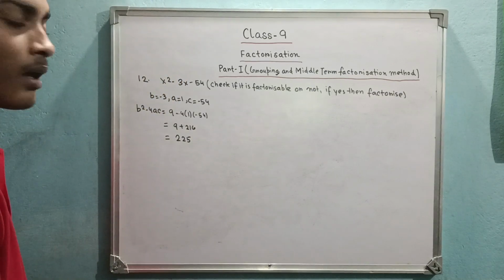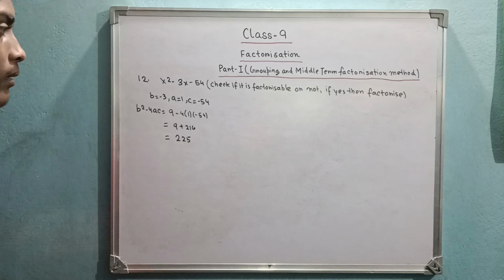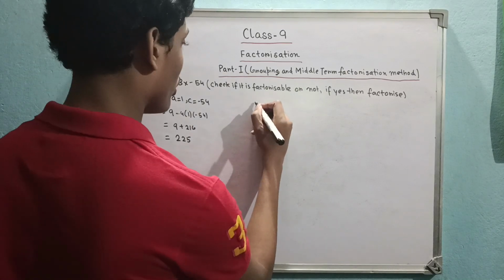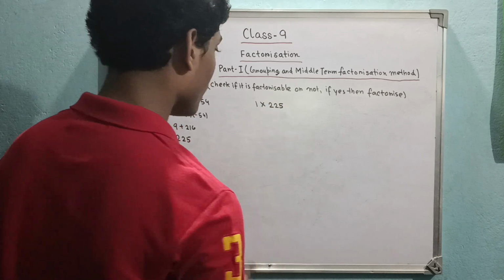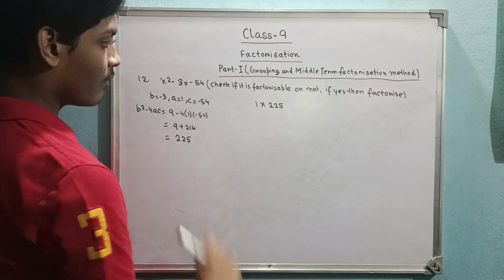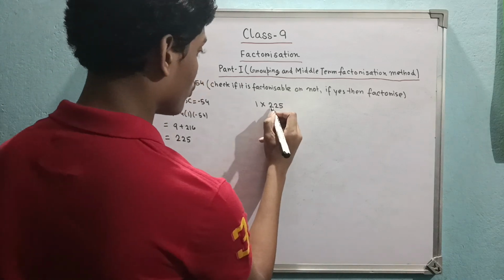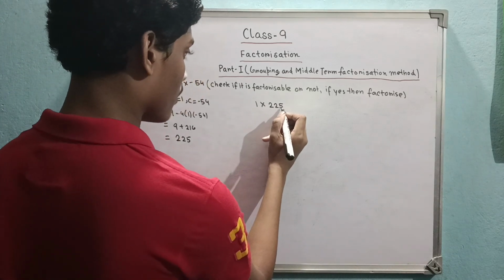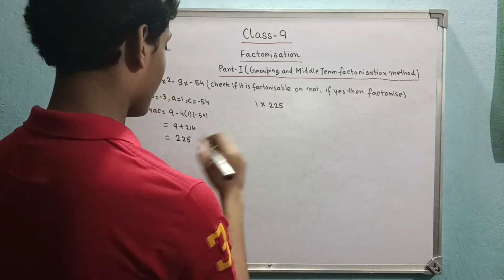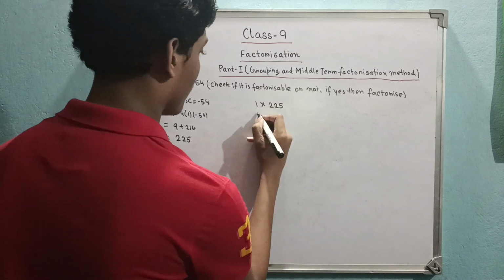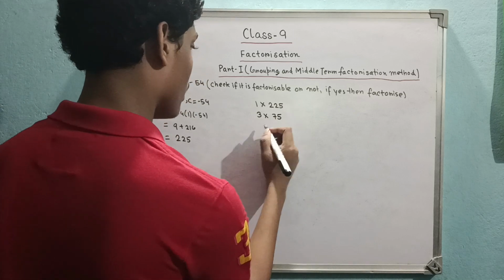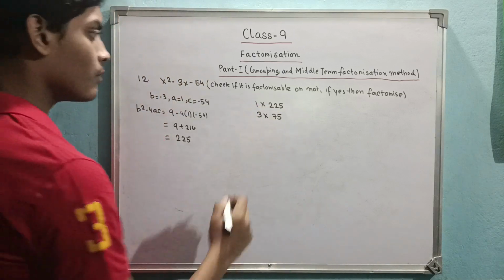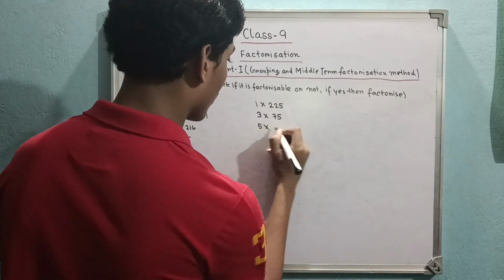Now is 225 a square of any number? Let us see. 225 can also be written as 1 into 225, then not divisible by 2, then it is divisible by 3, because 2 plus 2 plus 5 is 9, and 9 by 3 is 3. So it is 3 into 75, still not a square, obviously divisible by 5, 5 into 45.